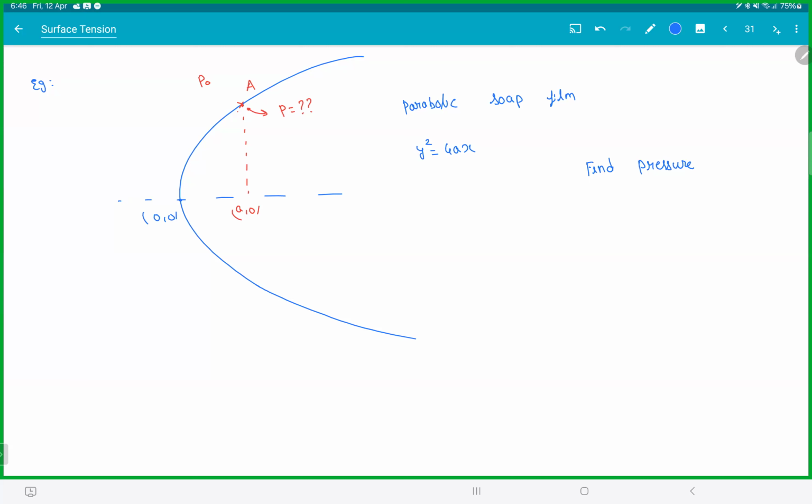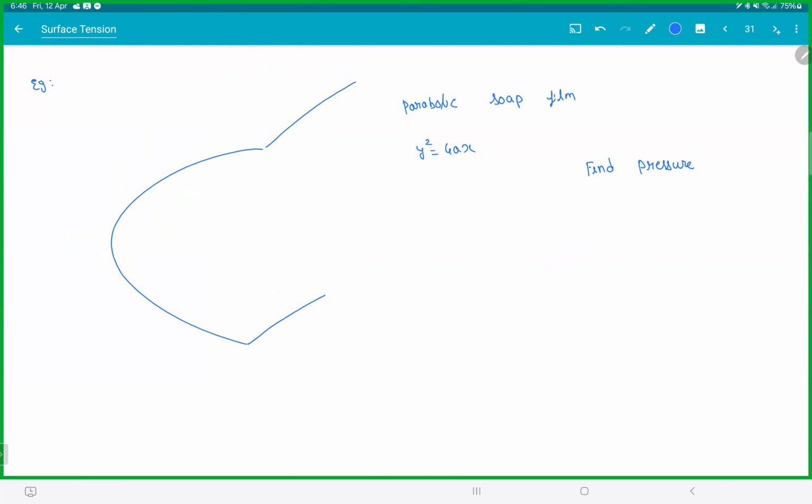I shouldn't say it's a parabola actually. Let me see whether I can draw that properly. It's like a cylinder, but a parabolic thing. Let me draw it again. Wait. It is like this. Yeah, these diagrams I'm always bad at. You're getting it is flat actually, it is going inside. How do I draw that?